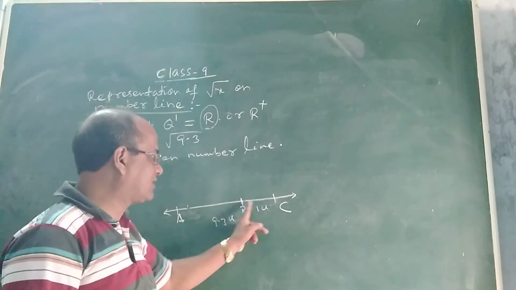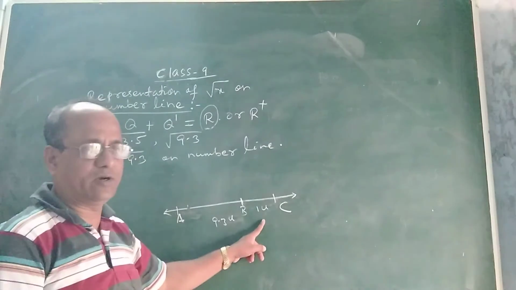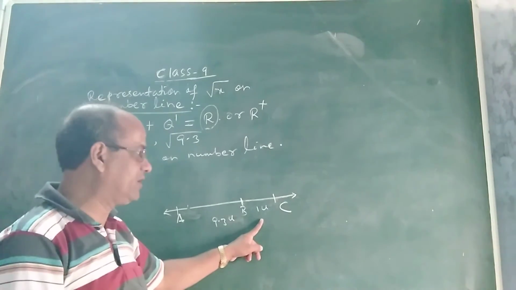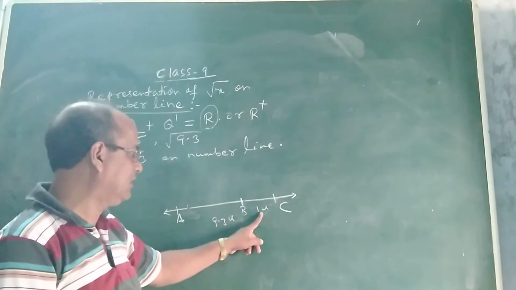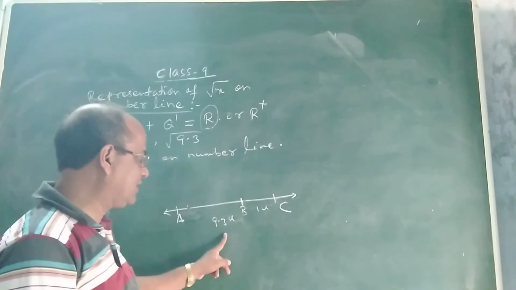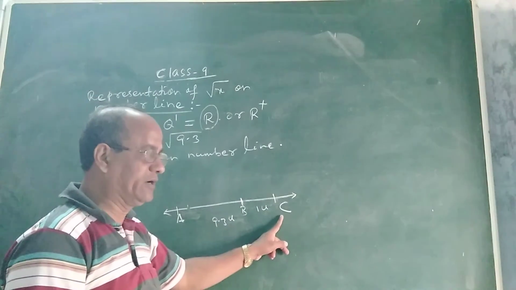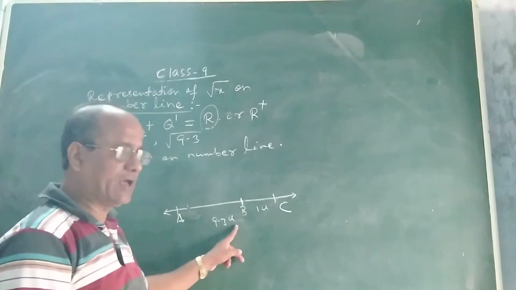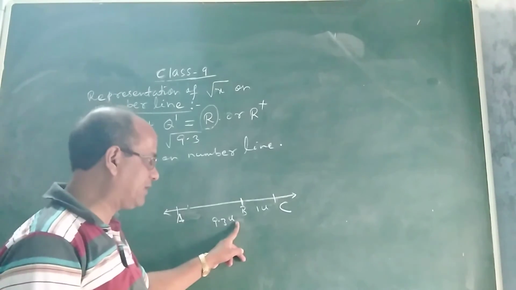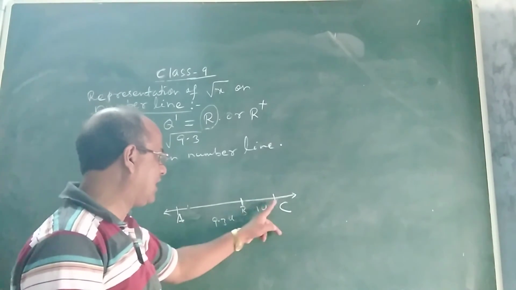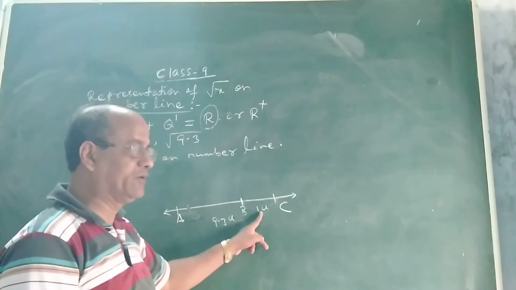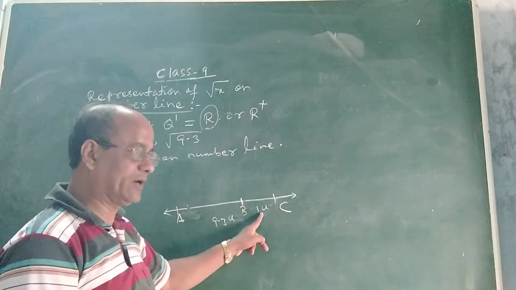Name this point C such that BC equals 1 unit. 1 unit means how many centimeters? 1 centimeter. Okay, here we are taking 1 centimeter. So AB equals 9.3 units, BC equals 1 unit. Take AB equal to 9.3 units or 9.3 centimeters, then cut an arc BC whose length is equal to 1 unit, or 1 centimeter, whatever you say.